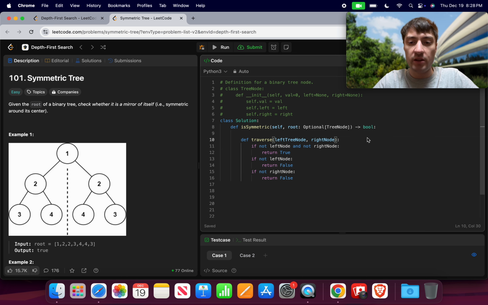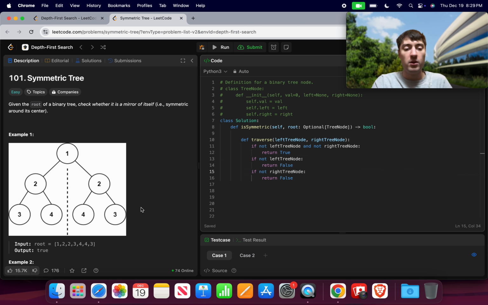Left tree node, right tree node. Copy and paste that. Okay, make sure that all of this is good. Yep. Okay, so if the node that I'm evaluating on the right hand side doesn't exist, and the node on the left hand side that I'm evaluating does not exist, then okay, that portion is symmetric.